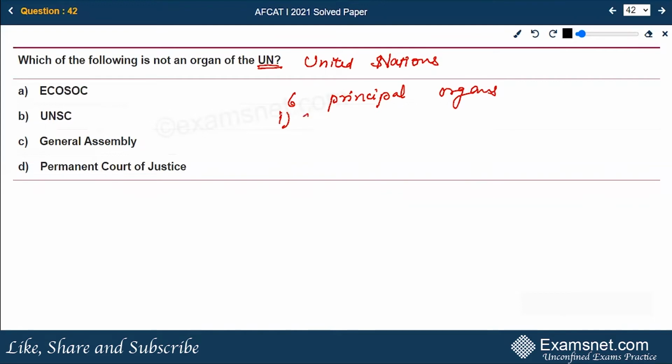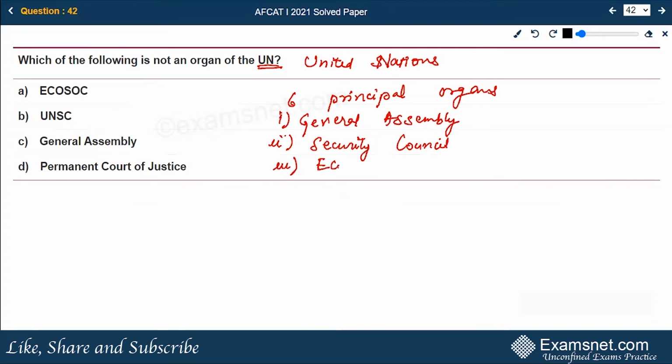First is the General Assembly, the main deliberative assembly. The second is Security Council, for deciding certain resolutions for peace and security.